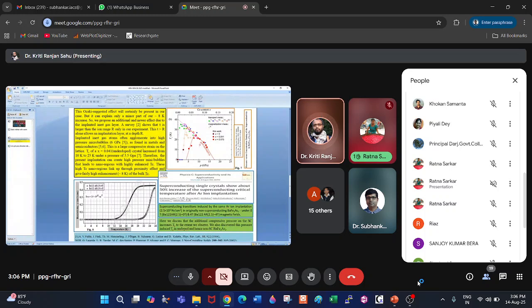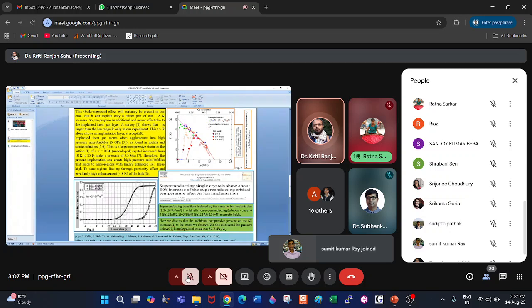And the second observation and the focus point in this presentation is that the non-superconducting material shows a superconducting nature due to the same reason. Inert gas argon bubbles are formed inside, and they generate a pressure, change their structure, and they show a superconducting material.